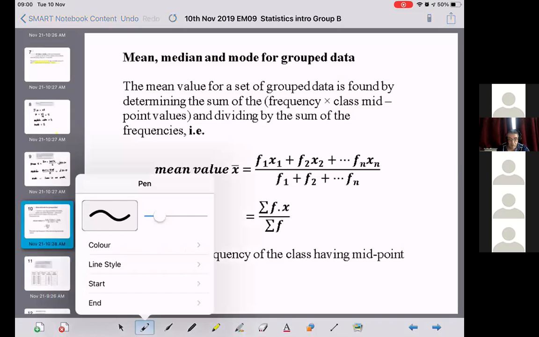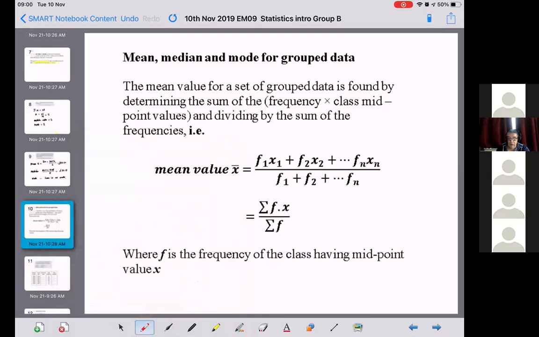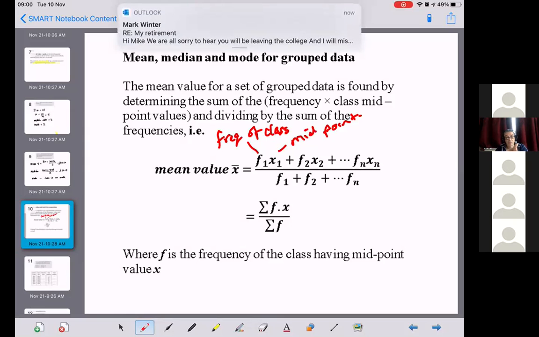Let's just change the color on my pen. The values of x become the midpoints of each class, and this is the frequency of that class: how many times an item falls in that band. Those bands of values are called classes, and the x value for that class is the midpoint value.